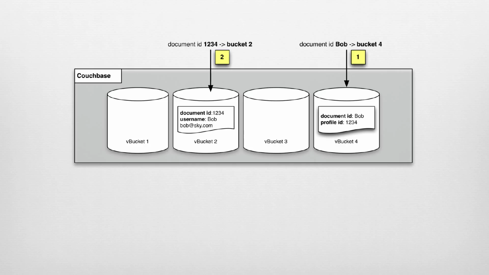So in tuple, I can do my hashing algorithm on Bob, and I can look up the document and say, right, the main document has an ID 1, 2, 3, 4. And then I do the same operation, and I go from bucket number 4 to bucket number 2.